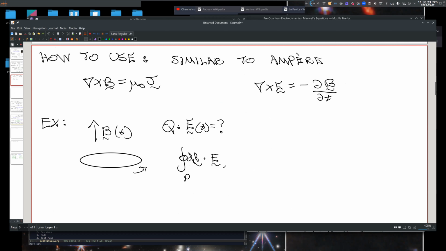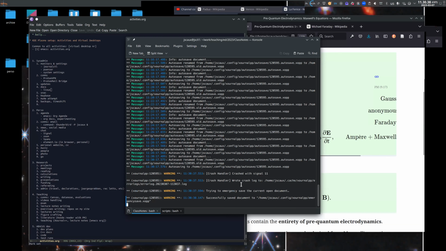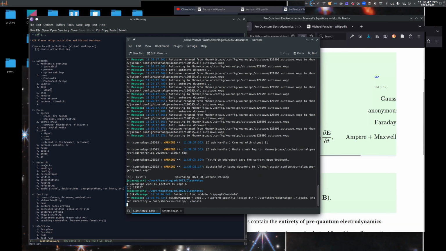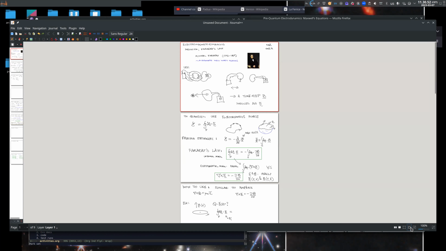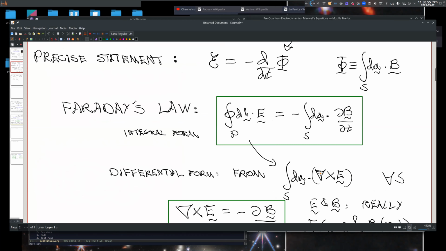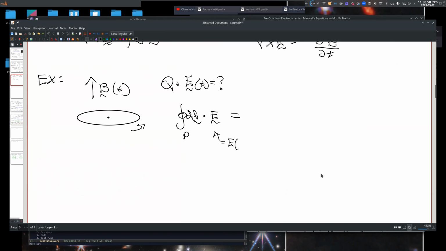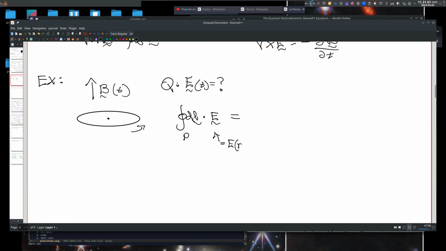So what does that tell me? Let's say I put the origin here at 0. Let's say that my E is along phi here, and it depends on a certain radius, r, that is measured from the origin here, and it's going to be in this phi hat direction here.